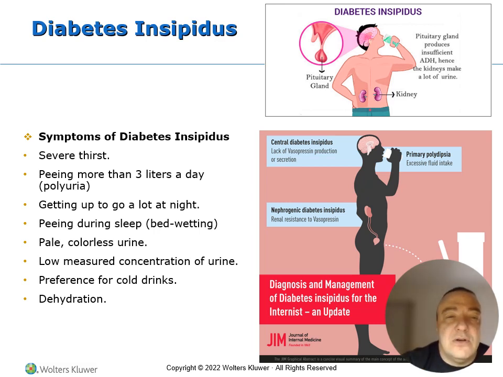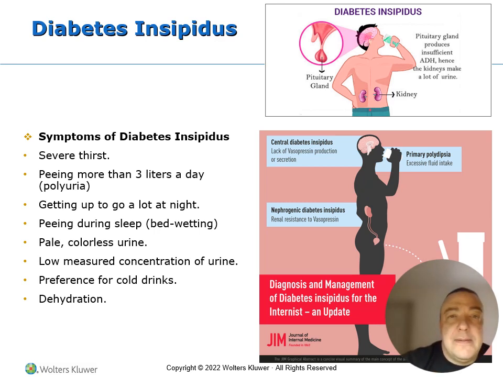And then other things. Severe thirst. You're peeing more than 3 liters in a day. You're peeing at night. You're wetting the bed. It's very dilute, pale colored urine. And then we treat this with artificial ADH.